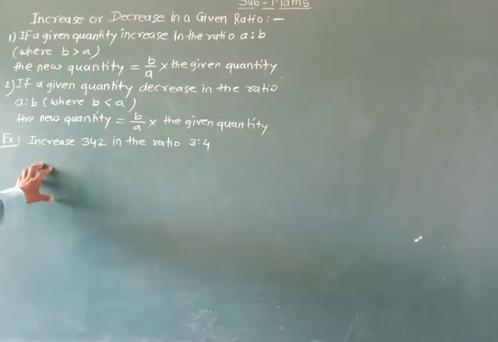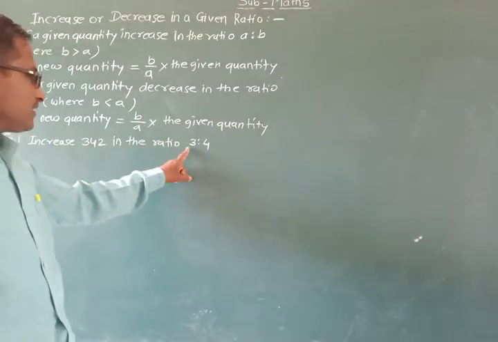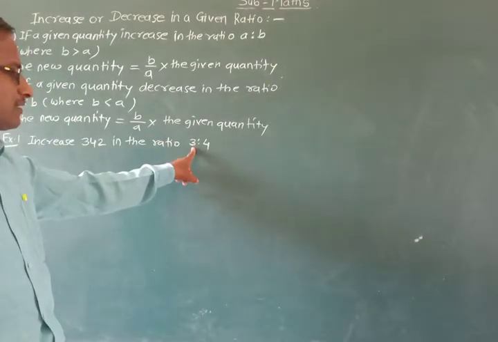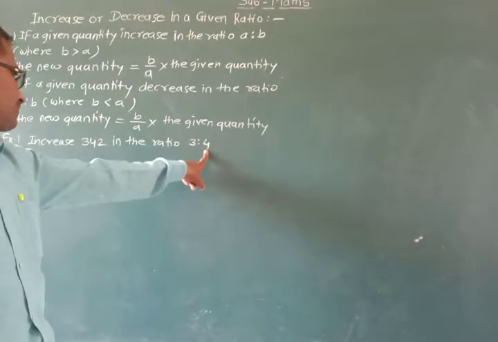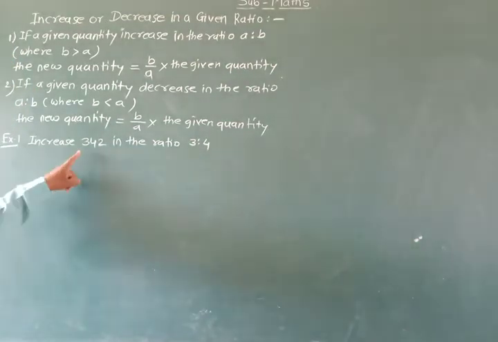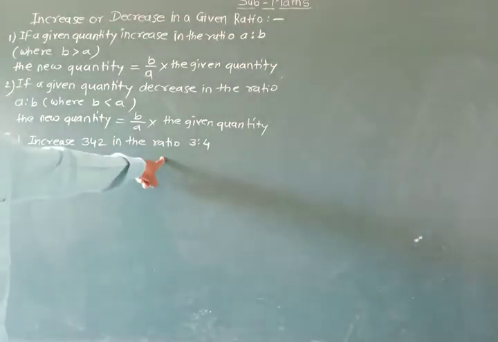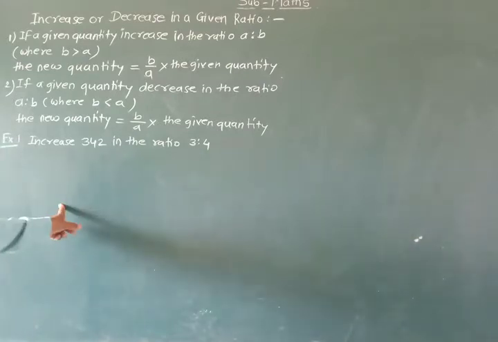So first, the increase value. Here A is 3, which is less than 4. Increase 342 in the ratio, so find the increased quantity.